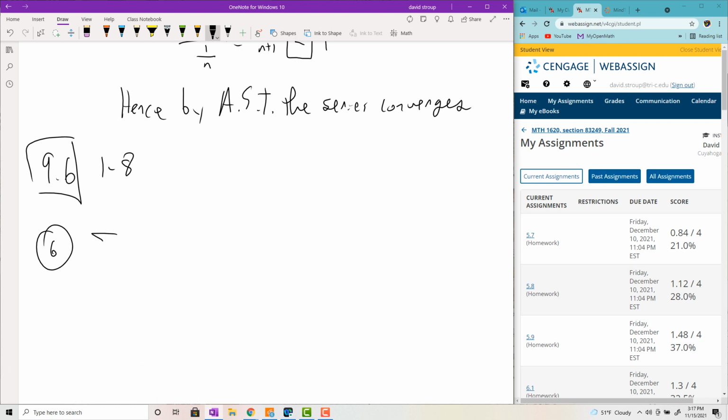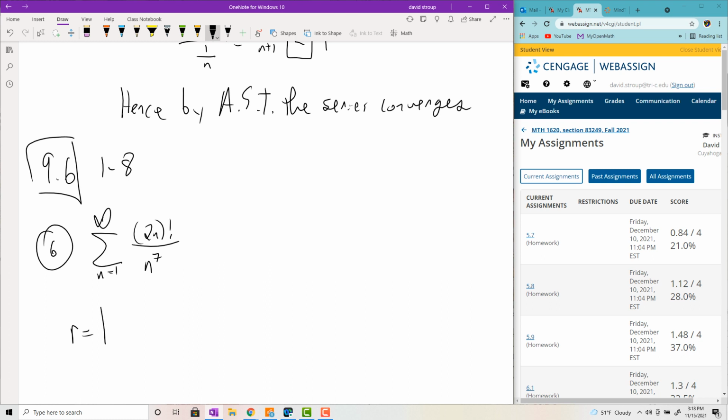So number 6. The series 2n factorial all over n to the 7th, from n equals, I believe, 1 to infinity. Remember, I'm not going to put the root test on there. The ratio test is what we use the most, so it's just going to be ratio test problems.